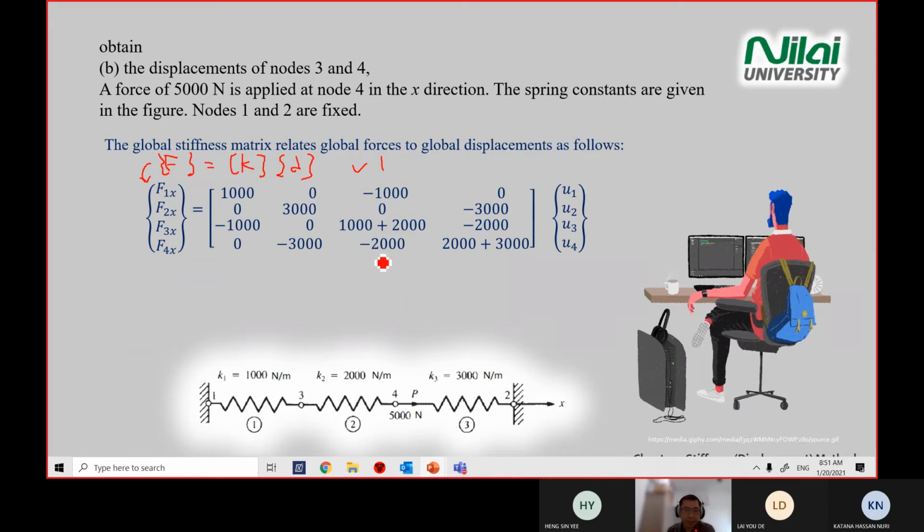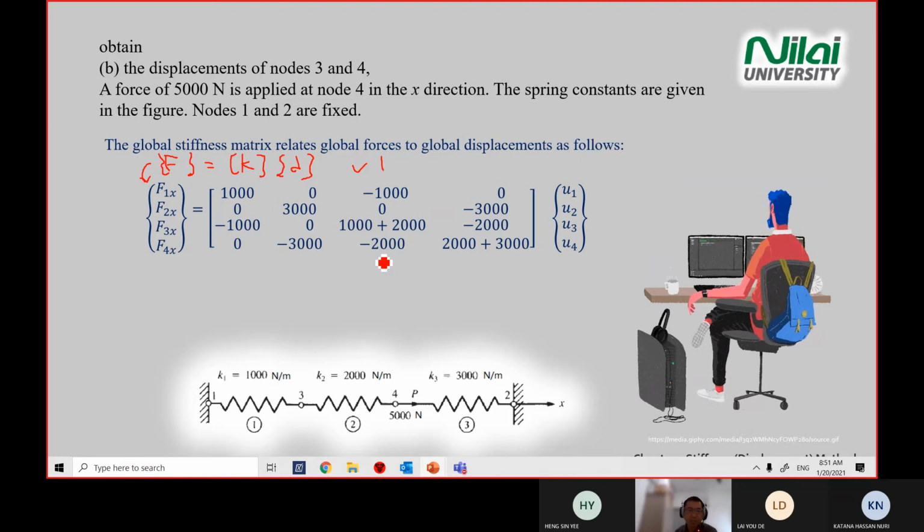Now we want to solve for displacement, right? Okay. Now you recall, we have homogeneous and non-homogeneous. What do we mean by homogeneous?